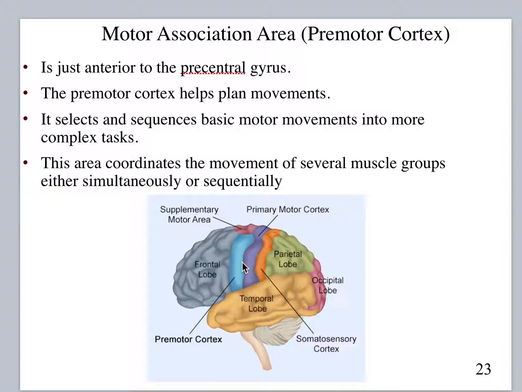Your back has to remain erect. You hold your head back. So all these muscles have to be coordinated and timed just right to accomplish that task. All that planning takes place in the premotor cortex, or the motor association area. So it plans the sequence of muscle movements to accomplish a task.